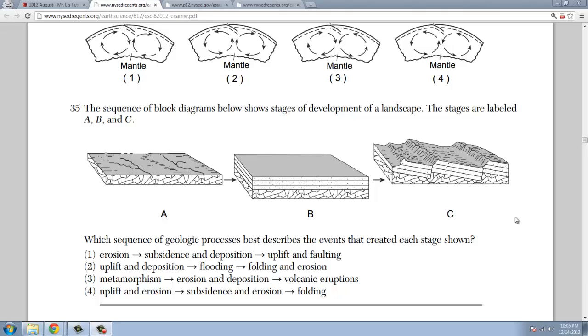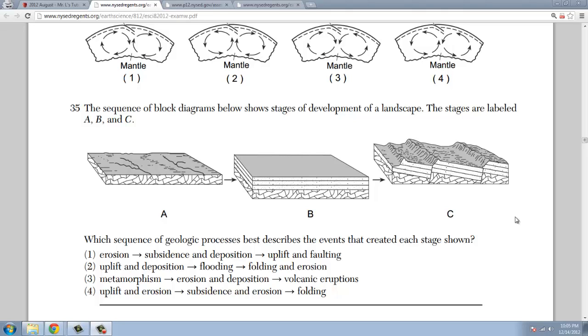Metamorphism doesn't really occur on the surface like this, and it wouldn't cause cracks like that or anything. So that doesn't really seem right either. But we'll keep checking it. And number 4 says uplift and erosion. Like we said before, erosion seems like it's probably pretty good. And there's no uplift, or there's no evidence of it. But you know what? We're just going to keep it, and we'll see where we go from here.